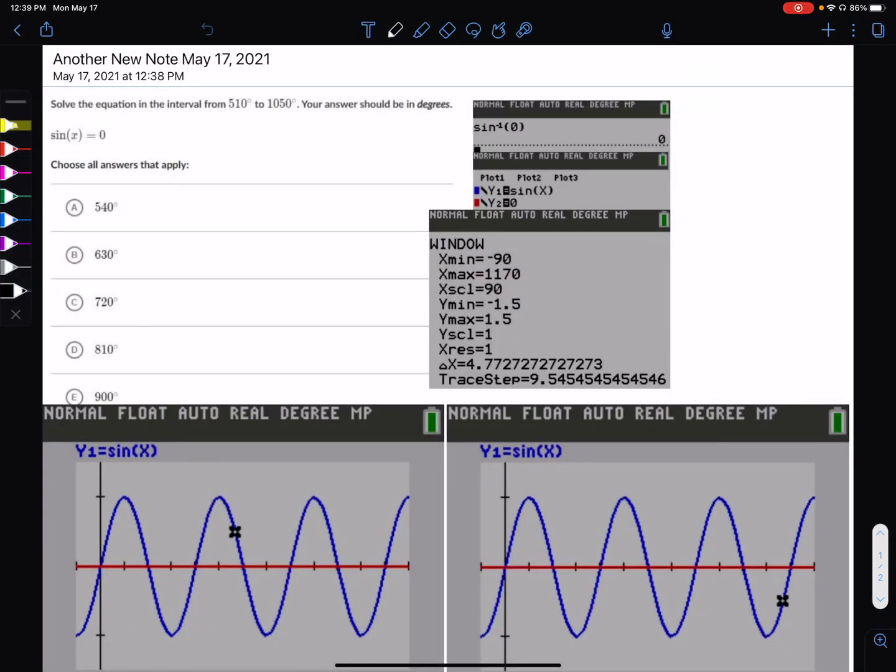In this problem, we are going to be trying to find all the solutions in the interval from 510 degrees out to 1050 degrees. So obviously we're in degree mode here.